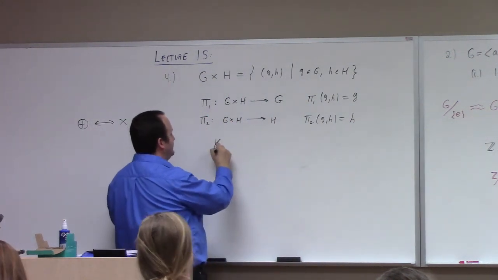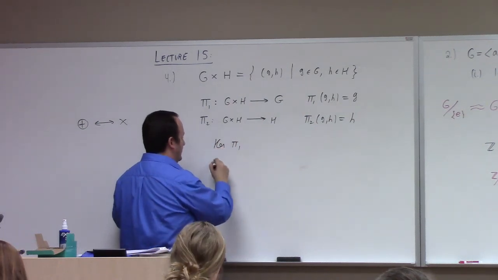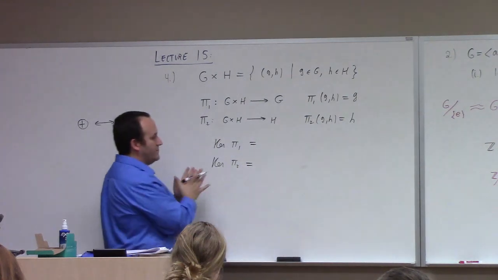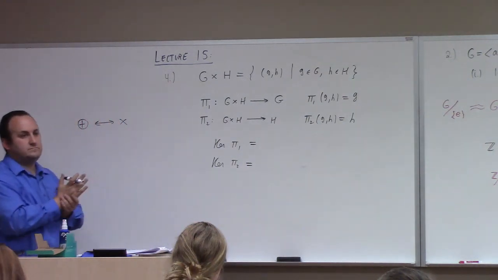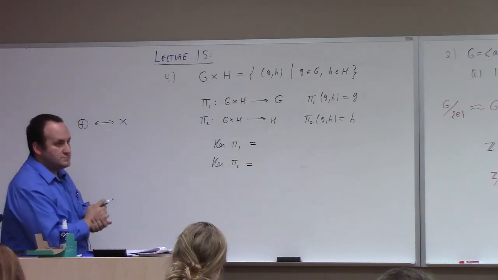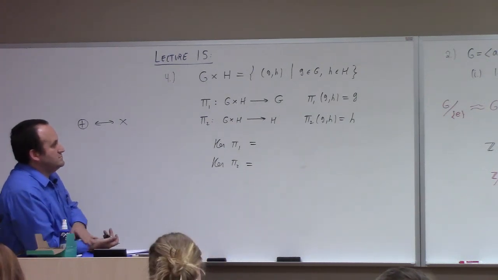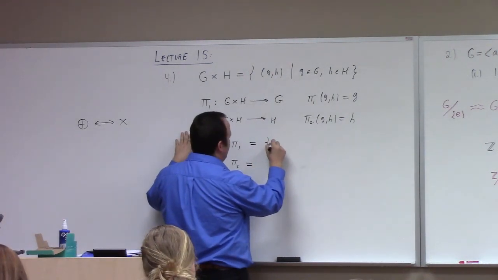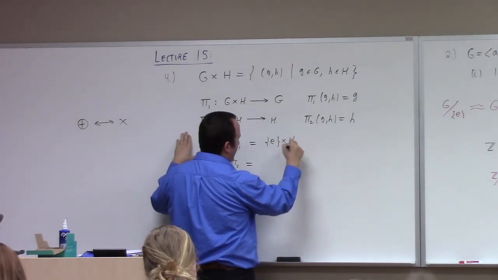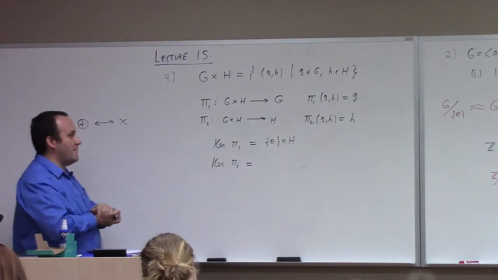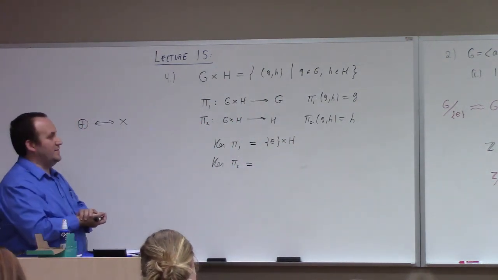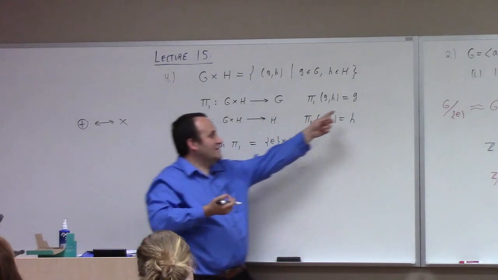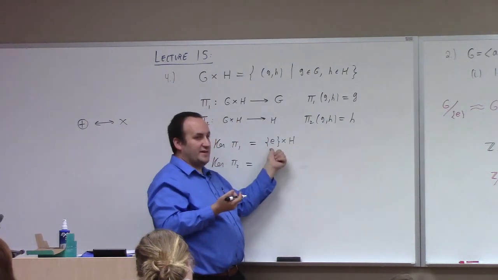So this is G, and this is H. Check this out. What's the kernel of pi 1? What's the kernel of pi 2? Right. The kernel of pi 1 is technically E, Cartesian product with H. You need to produce an E over here, so you put an E in the first coordinate.